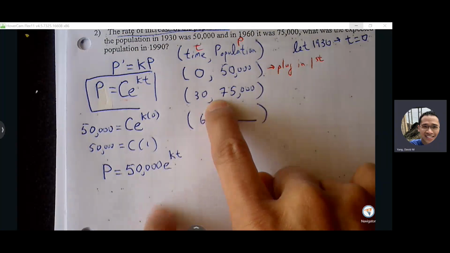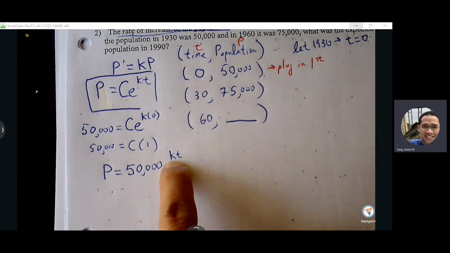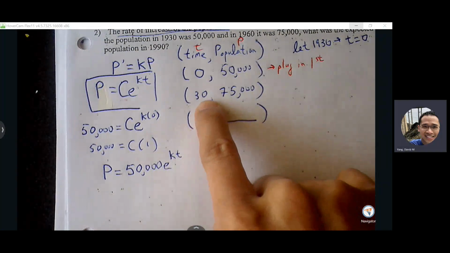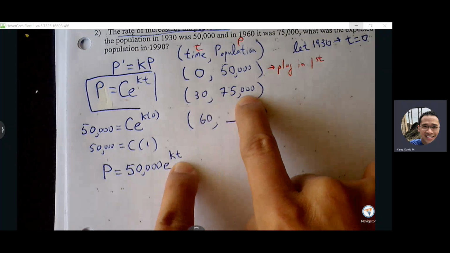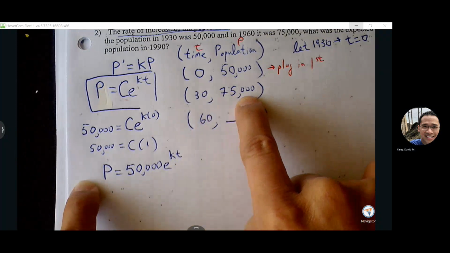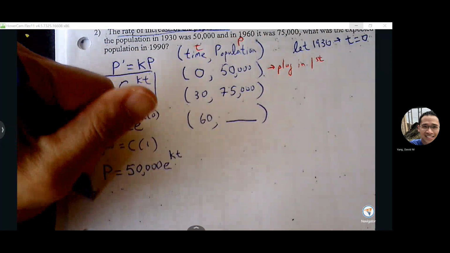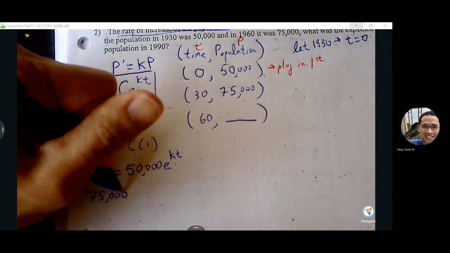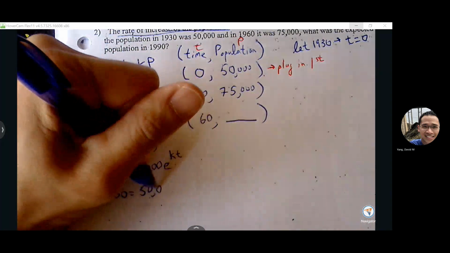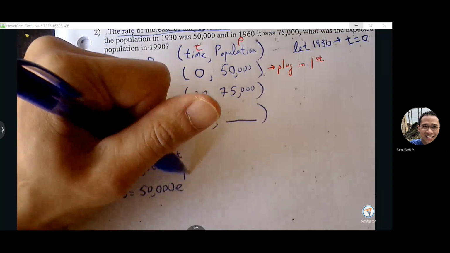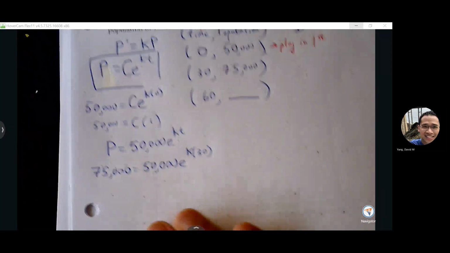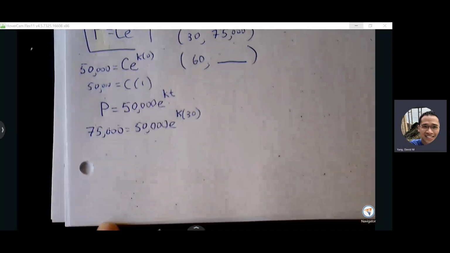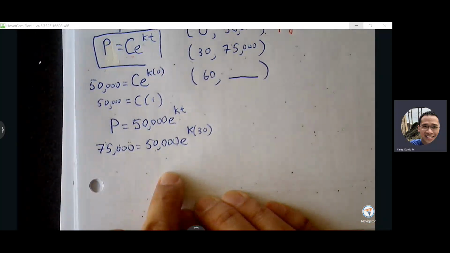Continue that process, and the hope is that this will solve my other missing information, which is the K. Right, so 30 plugs in for T, 75,000 plugs in for P. All right, this feels a little messier, but we're going to do things one at a time here.